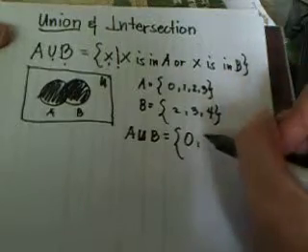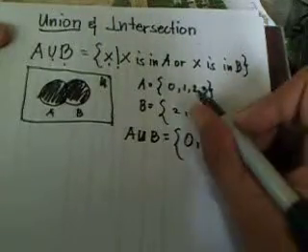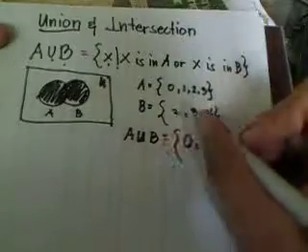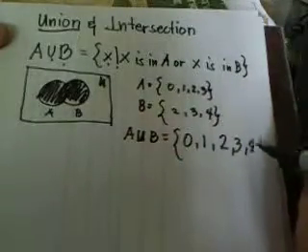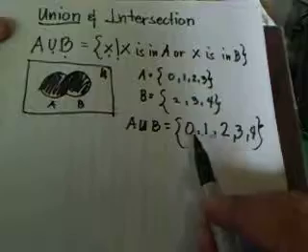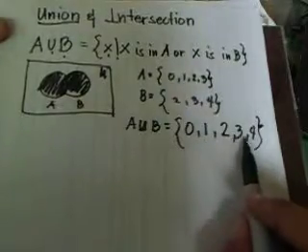We have 0, 1, 2, 3, and we have 2 and 3 here. So the union of A and B is 0, 1, 2, 3, and 4.